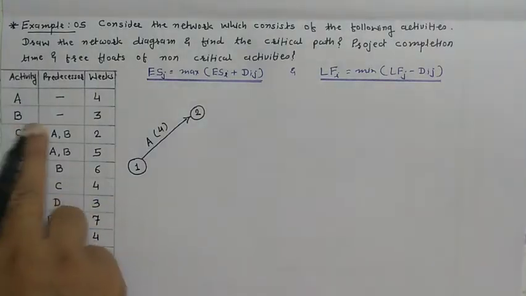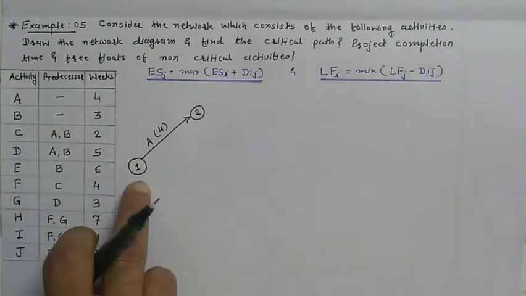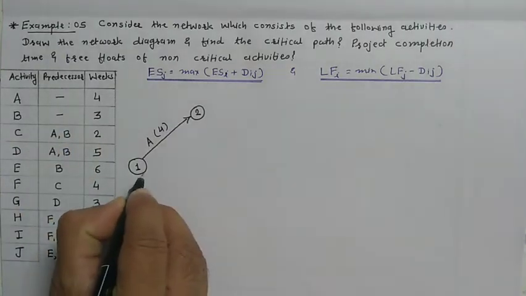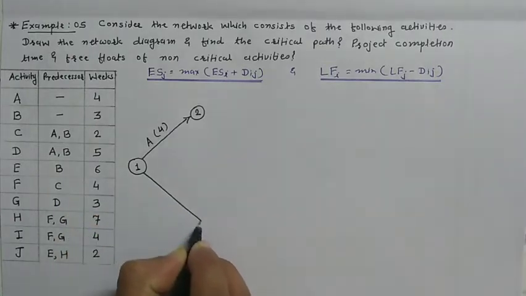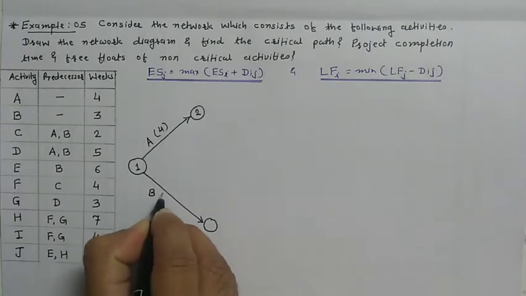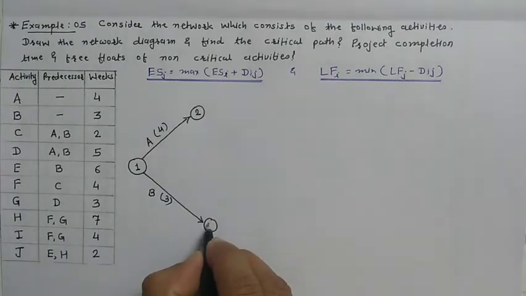Then activity B, there is no predecessor, so it can start from event number 1. So this is activity B and the duration is 3 weeks, and this is event number 3.